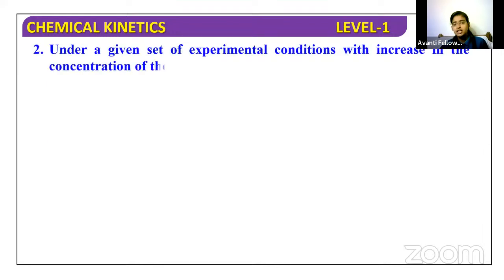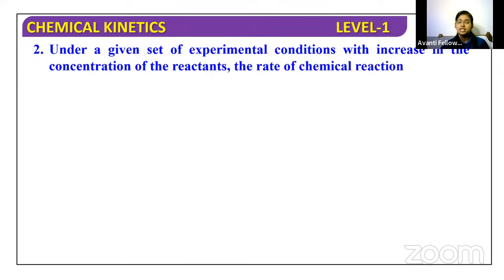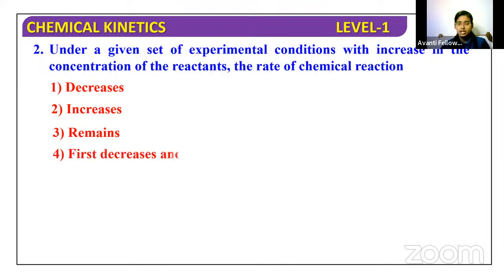Under a given set of experimental conditions, with increase in the concentration of the reactants, the rate of the chemical reaction: decreases, increases, remains same, or first decreases and then increases. In option 3, the word "same" is missing there. Vaishnavi is going for option 2 and Sakshi is going for option 1.